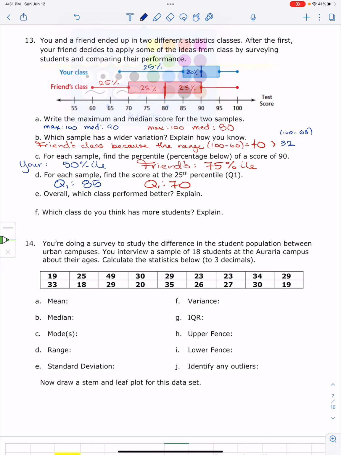Overall, which class do you think performed better? I would say your class. Values are closer together, with a higher Q1, median, and Q3.